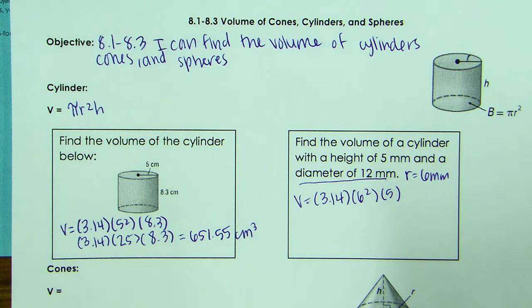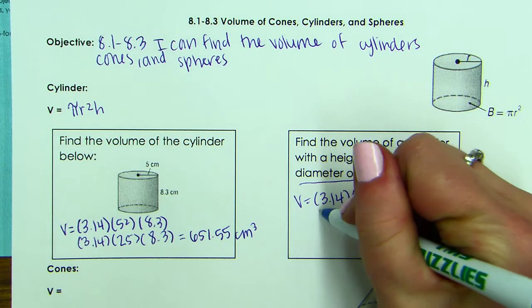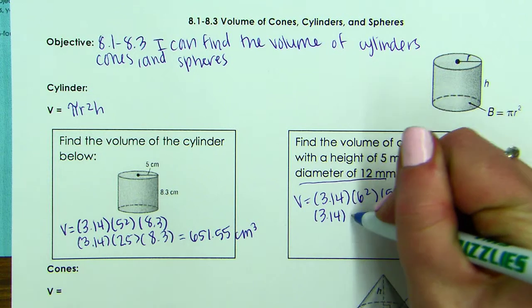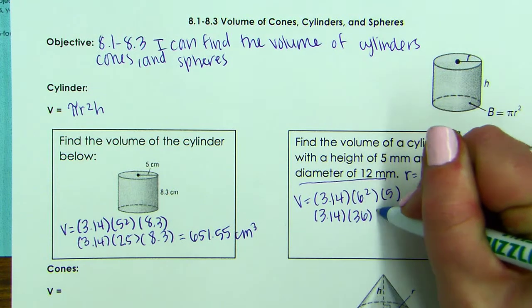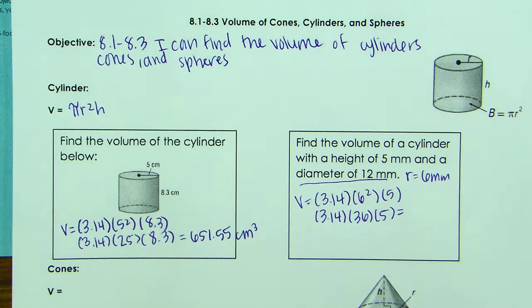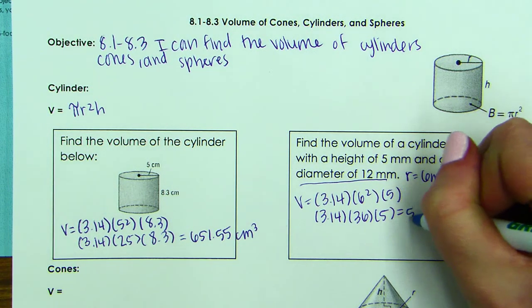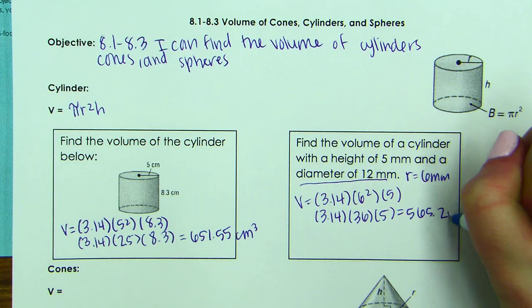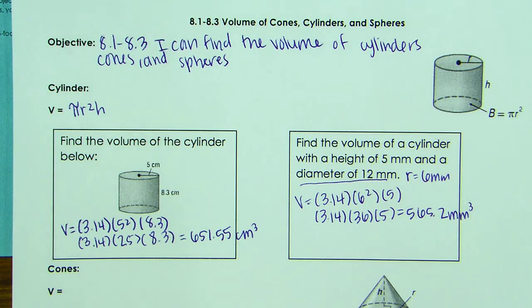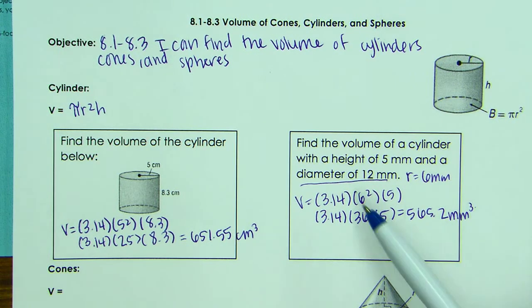So 6 squared is 6 times 6, which is 36. So we have 3.14 times 36 times 5, which is 565.2 cubic millimeters.